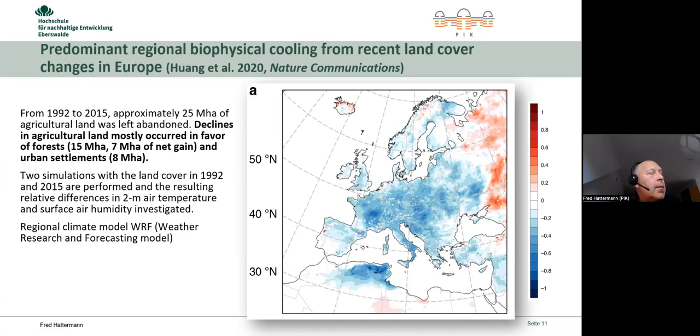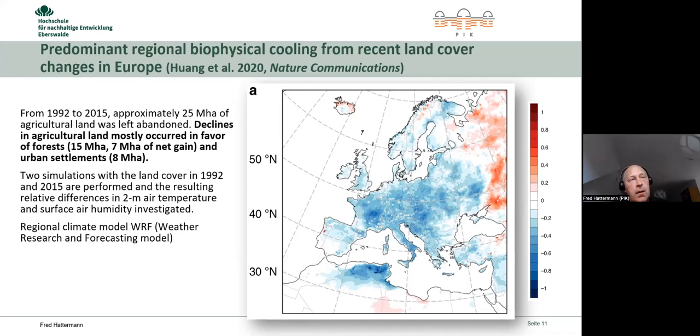And what the colleagues here have done is somehow the same what also Mr. Gosch has done. They applied a regional climate model and had a look at how the landscape influences already now the climate we have. And this is in line with what we are talking about.